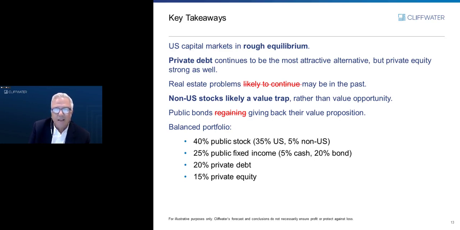I think they've given it back, so I no longer believe that public bonds are a buy. It's basically neutral now. And from a balanced portfolio perspective, no change from my recommendations last quarter. So let me end there, Phil, and see if there are any questions.